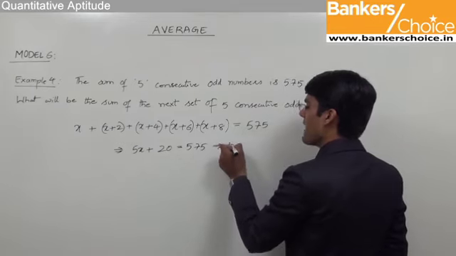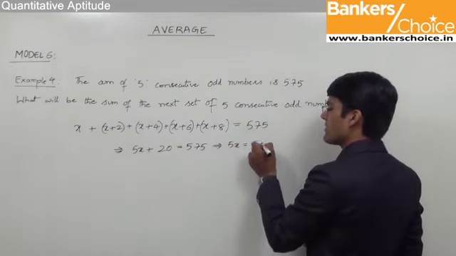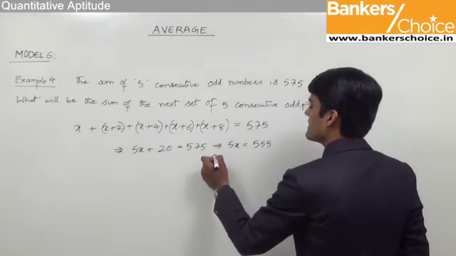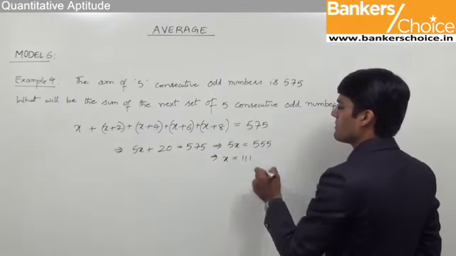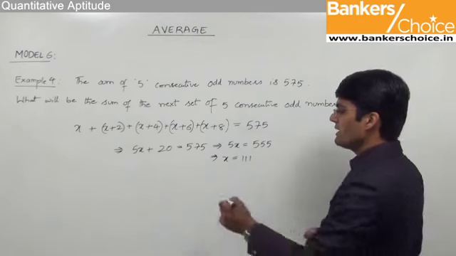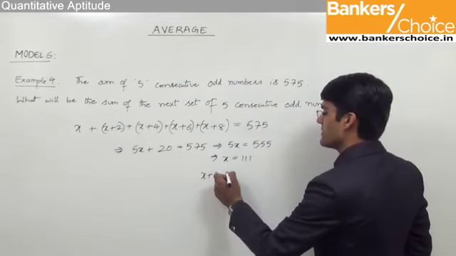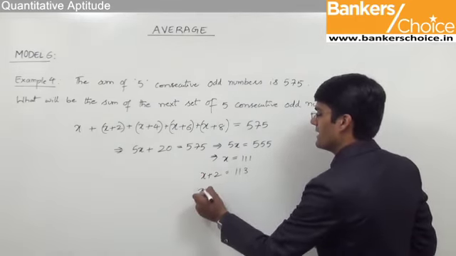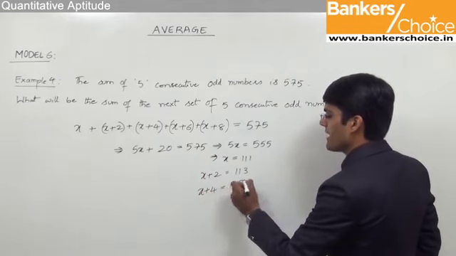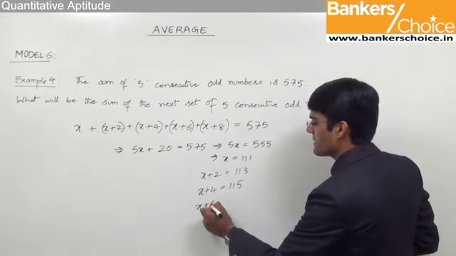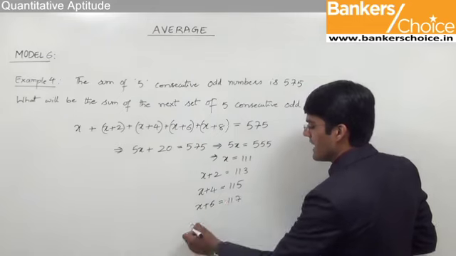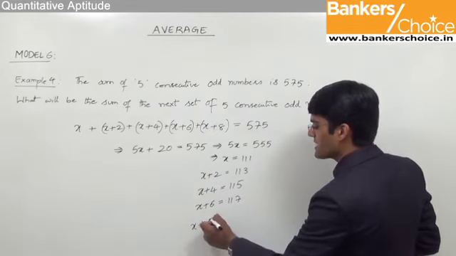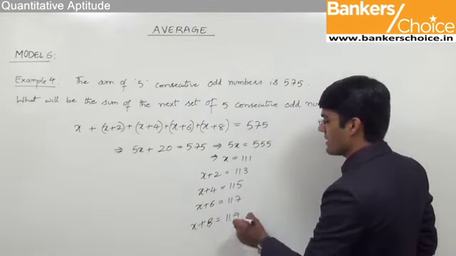That means 5x is equal to 555, and from this x will be equal to 111. If x is 111, the next number should be x plus 2, that is 113, and then the third number should be 115, the fourth number should be x plus 6, that is 117, and the fifth consecutive number should be x plus 8, that is equal to 119.